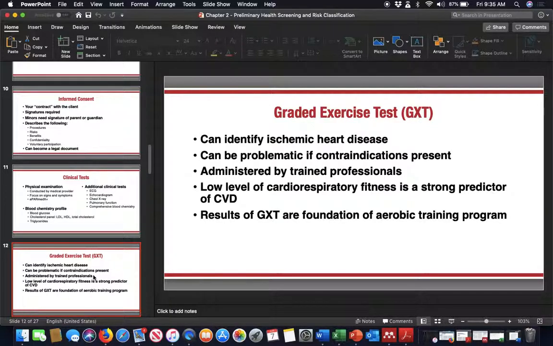Basically what we're saying here is that if you can get scoring from the GXT, it's a baseline for what your aerobic conditioning should be for that person. So low level, low scoring would be low level training. Higher scoring could be higher training, or what is necessary for that person.